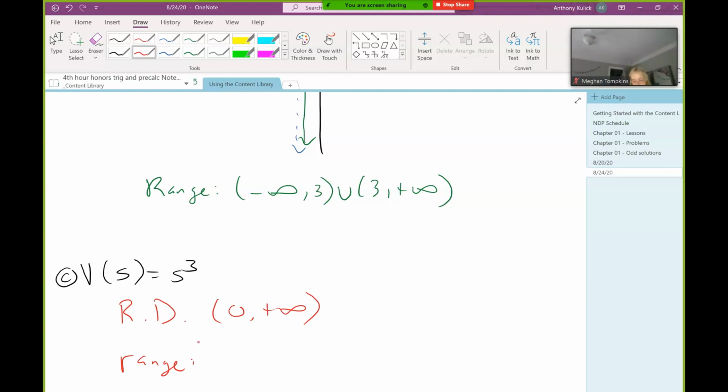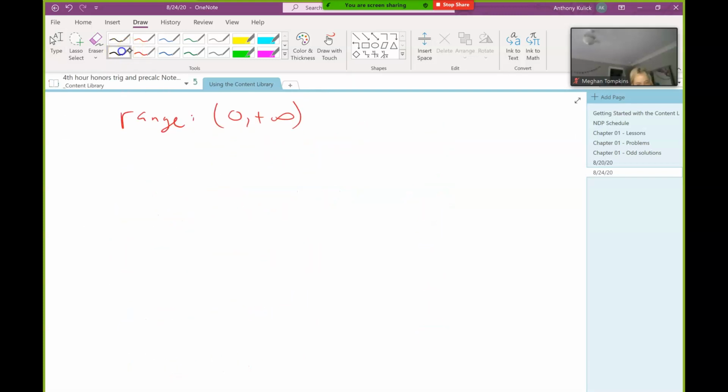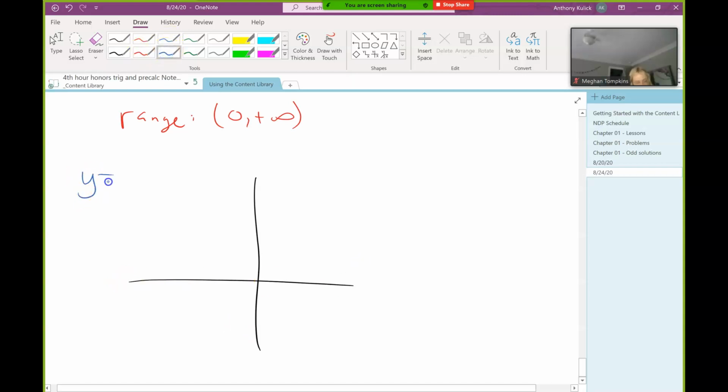Remember, all we're doing is cubing s, right? Check, right? If I think about this, if I graphed y equals x cubed, the graph looks basically like this, right? Do you agree with that?